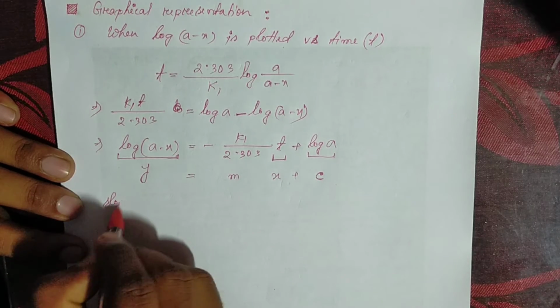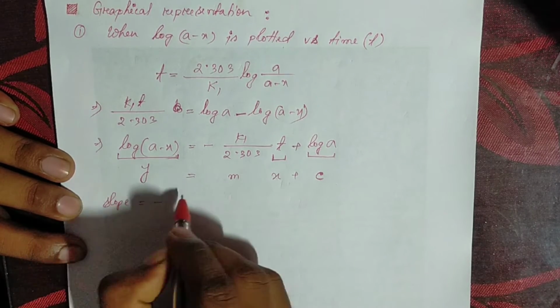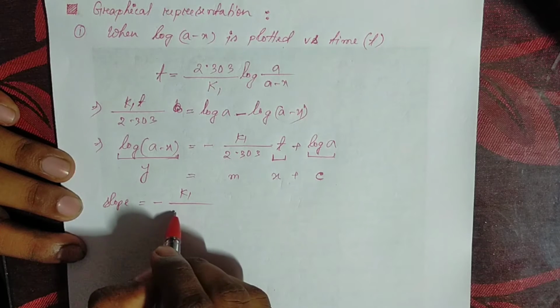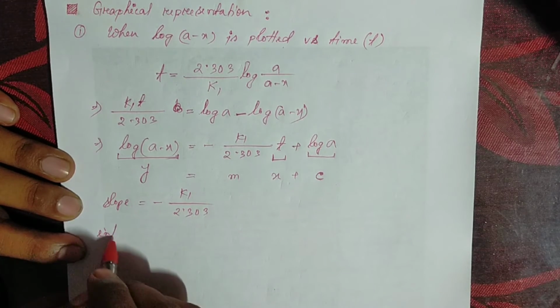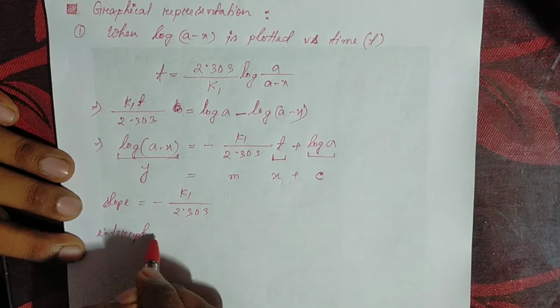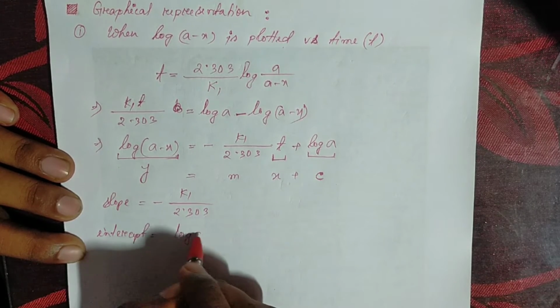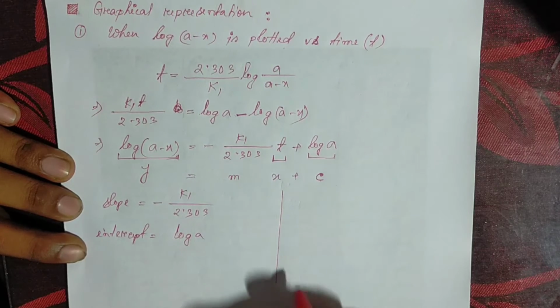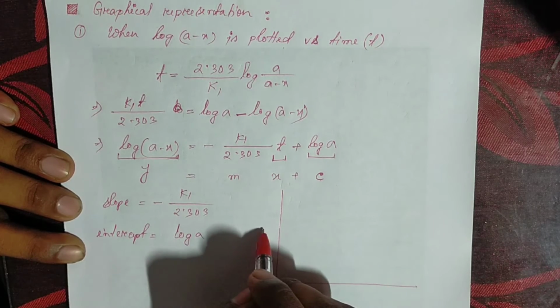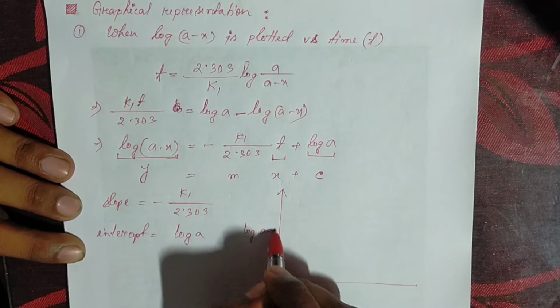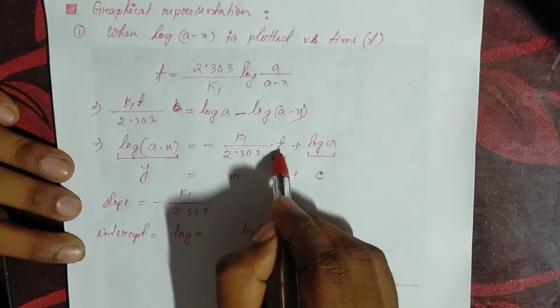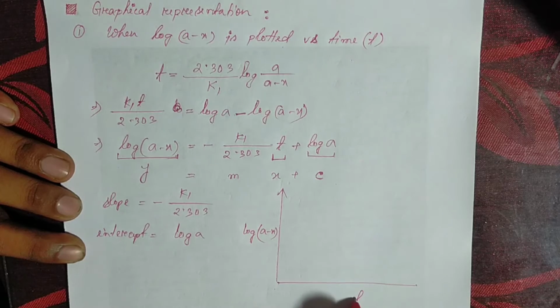So we can write slope is equal to k1 by 2.303 and intercept is log a. So we can plot here y, log a minus x, and t is x here.